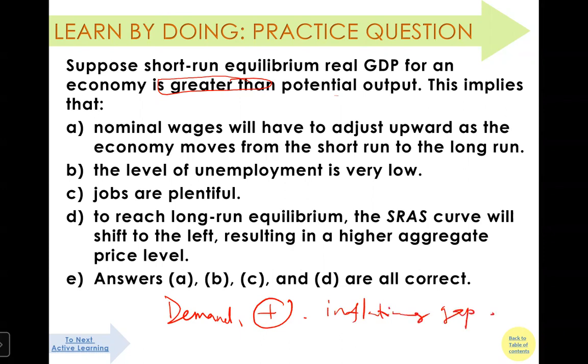Okay, with this positive demand shock, in the inflationary gap, essentially we are in the expansion. So now here, what happens to the unemployment rate? The unemployment rate will be low, right? If the unemployment rate is low, what happens to wage?